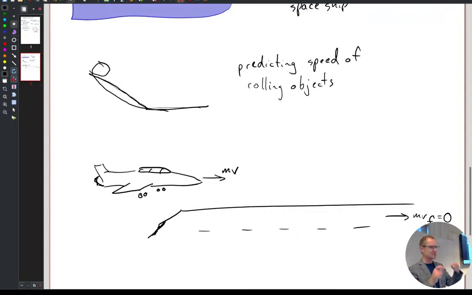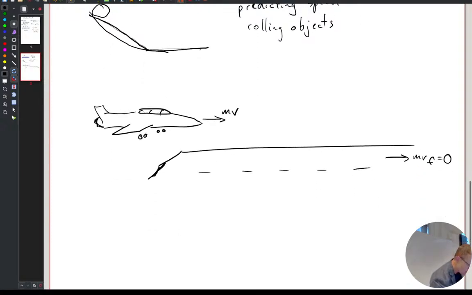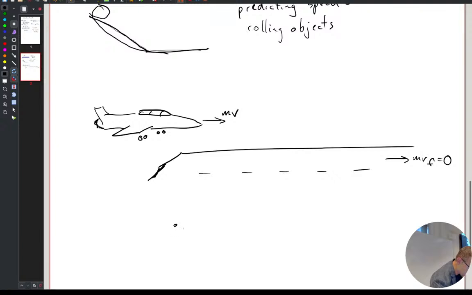By the time it hits the runway, it's like a mass on a spring. And the spring, the further the jet goes, the more that spring is pulling it back to the center.